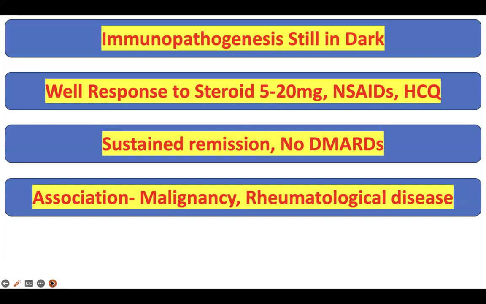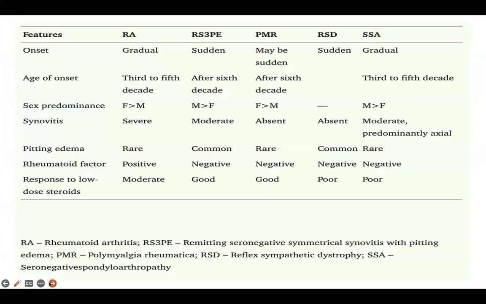And nowadays, as time progresses, Sjogren's syndrome, sarcoidosis, polyarteritis nodosa, there are a lot of rheumatological associations ongoing with this condition. So this is a comparison of some important disorders: rheumatoid arthritis, RS3PE, alongside reflex sympathetic dystrophy, which is called complex regional pain syndrome.